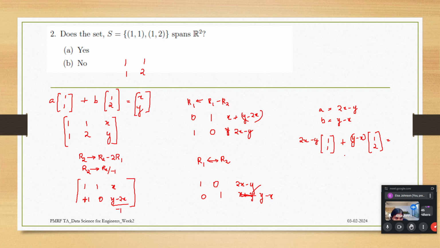So if you just solve this one, you will be getting x y. So this solution can be obtained. Okay, so in this case you can say that these both will span R2. One immediate way to say that is just to find whether they are linearly independent or not. So this answer will be A. Okay, it spans R2. Any doubts?